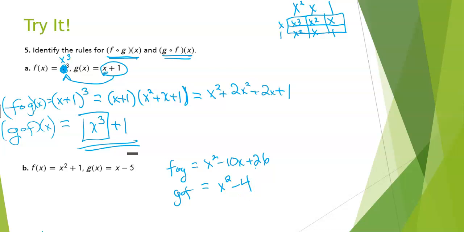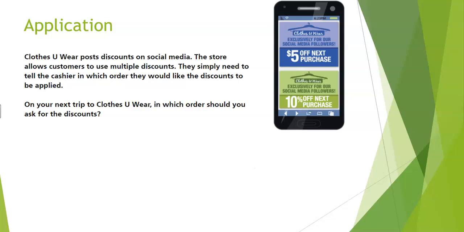All right, so here's something that our machines kind of do automatically when you're at different places buying different things, but it's important that you can figure out how it's doing it in case you need to figure out what your total is going to be before you get up to the counter.